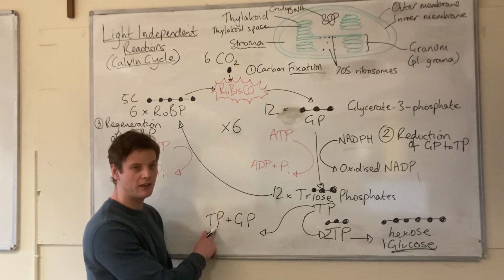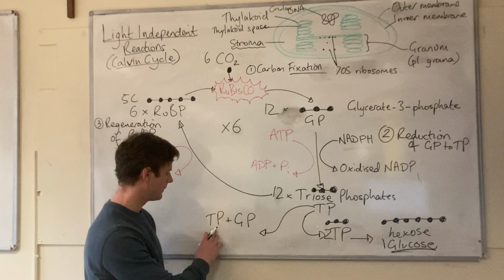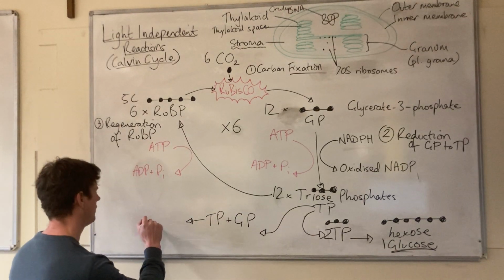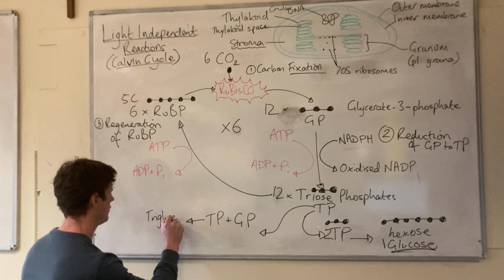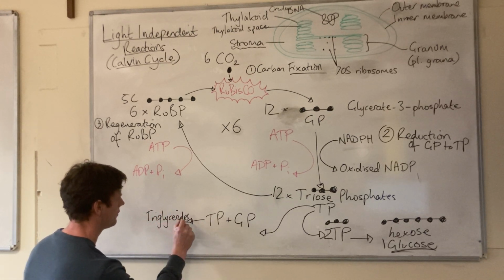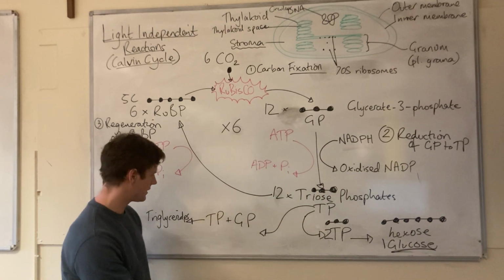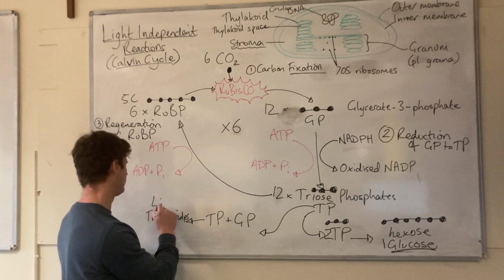The triose-phosphate, 3 carbons, very similar to glycerol, can be used to make glycerol. Combine those 2 things together, and we have lipids, triglycerides. Okay, so the triose-phosphate and the glycerate 3-phosphate from the Calvin cycle has now made triglycerides, or lipids.